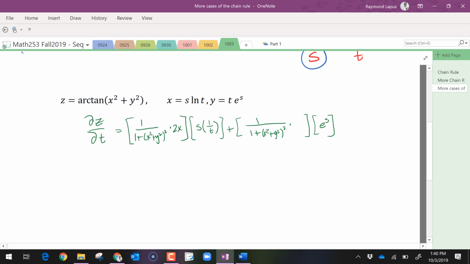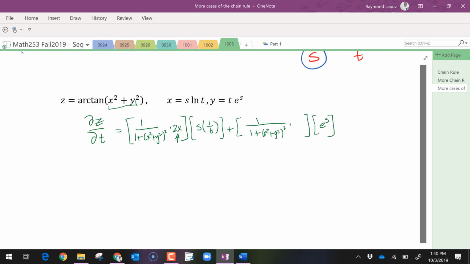So the derivative of the arctan is 1 over 1 plus something squared. And the chain rule tells you that you have to take the derivative of what's inside of the arctan after that. So the inside of the arctan is x squared plus y squared. If you take the derivative with respect to x, the calc 1 chain rule tells us that we have to multiply by the derivative of x squared plus y squared with respect to x.